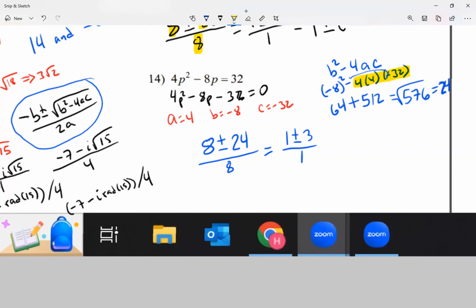The reason is because I looked at my whole numbers and noticed that I could divide them all by 8. It is not a fraction anymore because there's a 1 at the bottom. So my answer is 1 plus or minus 3. My two solutions will be 4 and negative 2: 1 plus 3 and 1 minus 3.